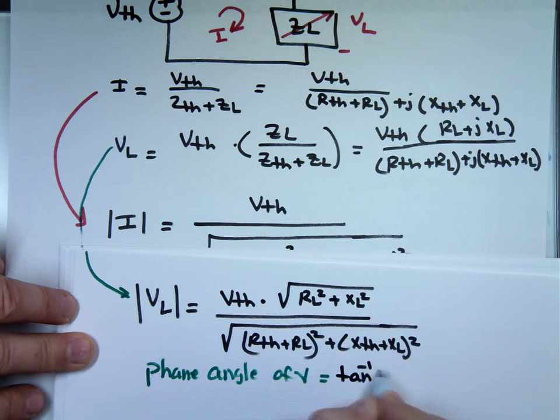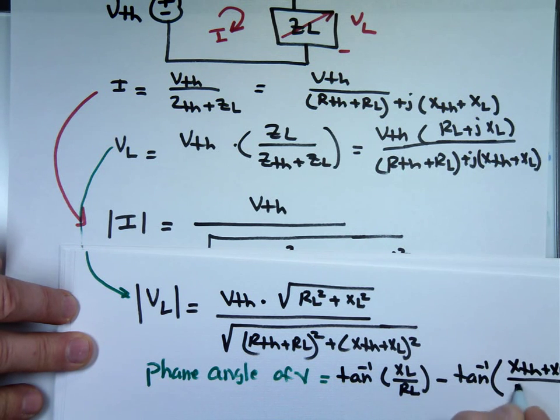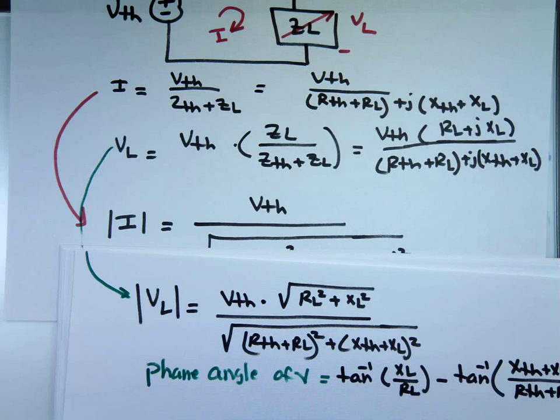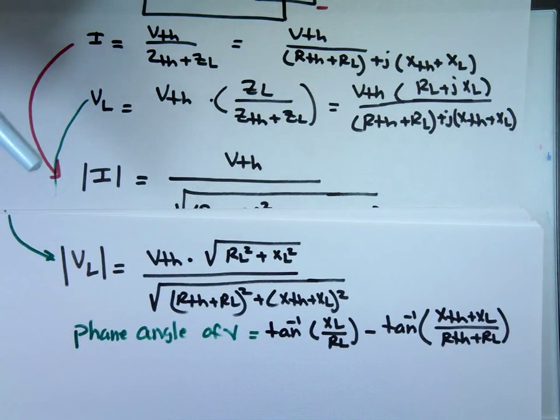The imaginary is XL over the real, which is R sub L, minus the inverse tangent of X Thevenin plus XL over R Thevenin plus R sub L. It's always the inverse tangent of the imaginary over the real.